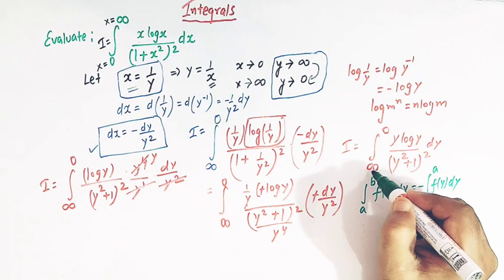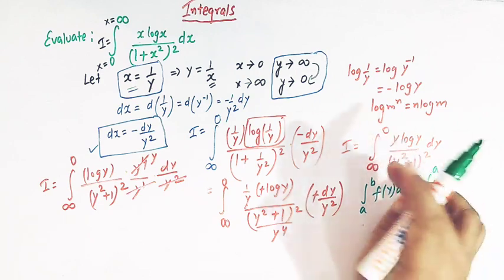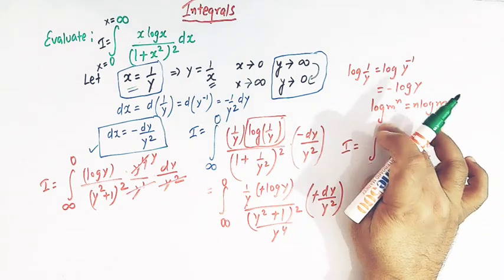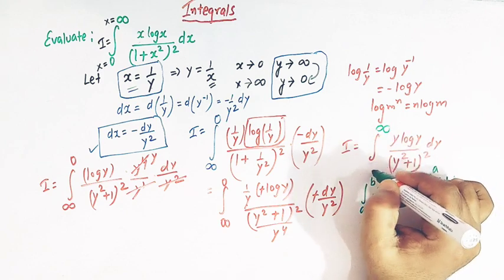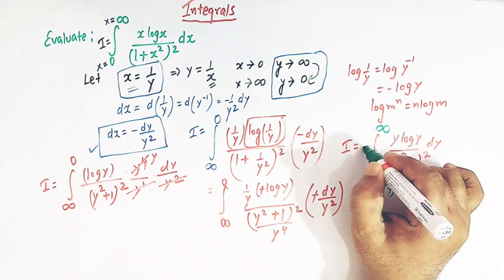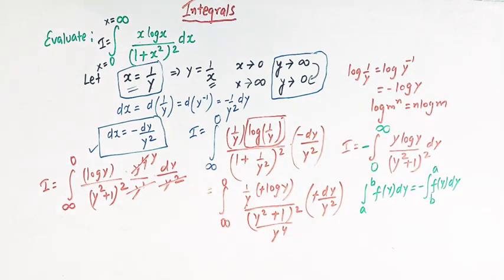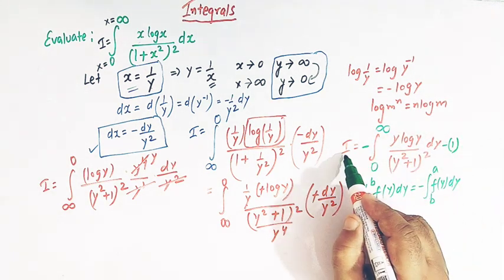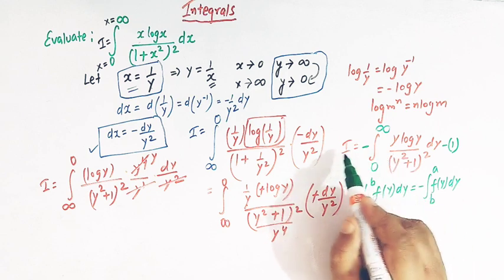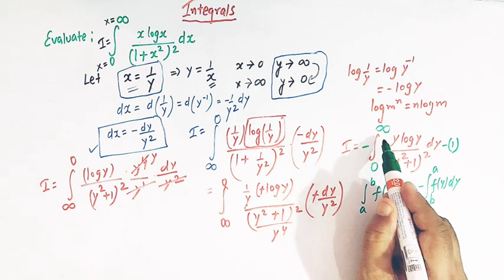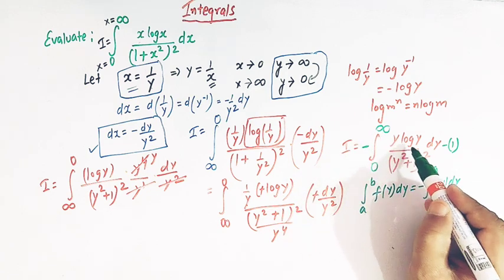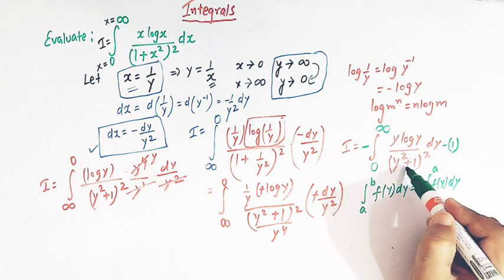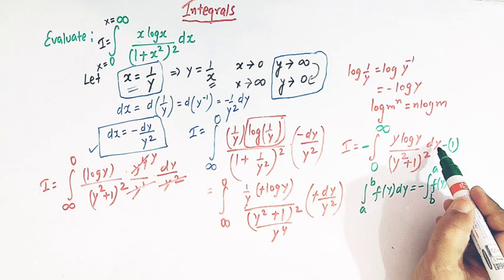So now if we interchange the limits here, then we can write infinity and here 0, putting a negative sign in front of the integral, right? So now we have this expression, that is I is equal to negative of 0 to infinity y log y divided by y square plus 1 whole square dy.